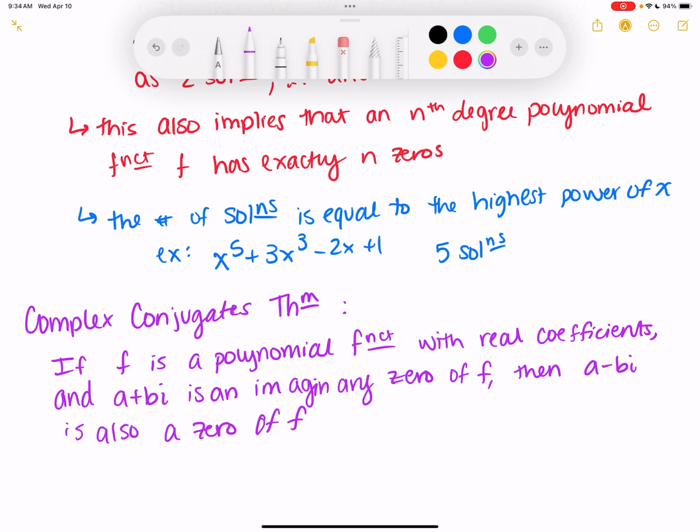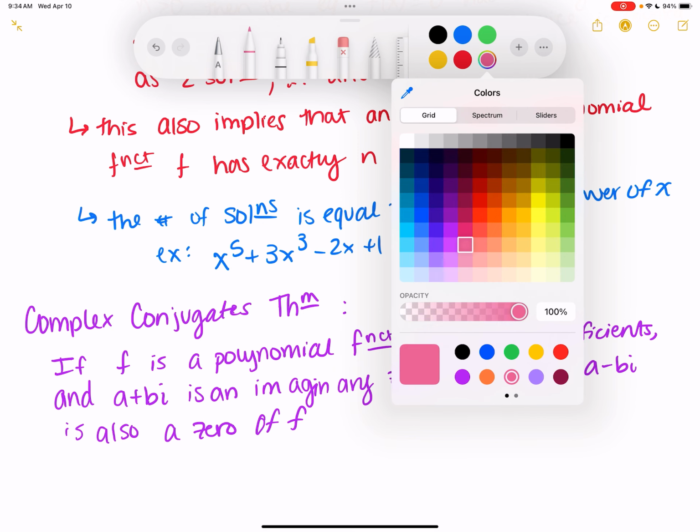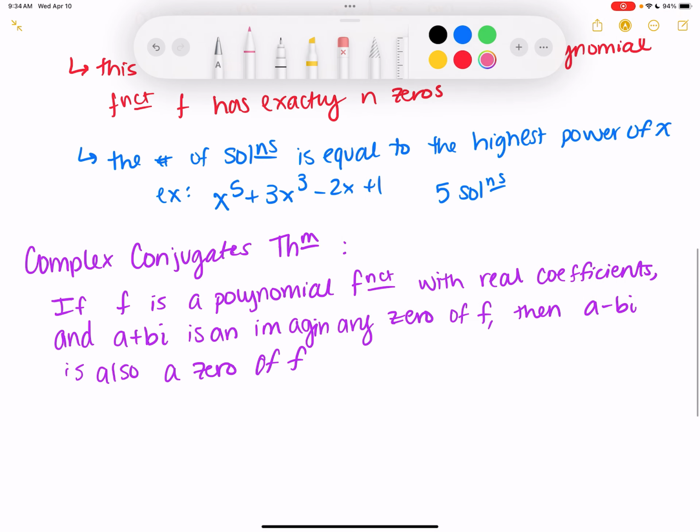So if I had like 3 minus 2i was given to me as a zero, then I would also know that 3 plus 2i has to be a zero. And let's say there wasn't an a term, but I was given like 4i is a zero, then also negative 4i would have to be a zero.